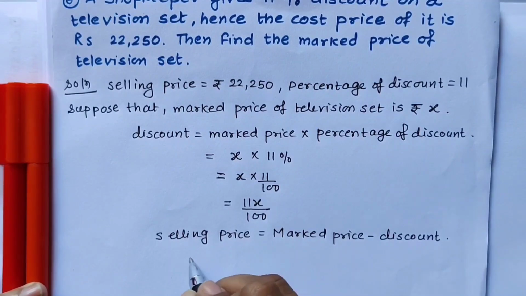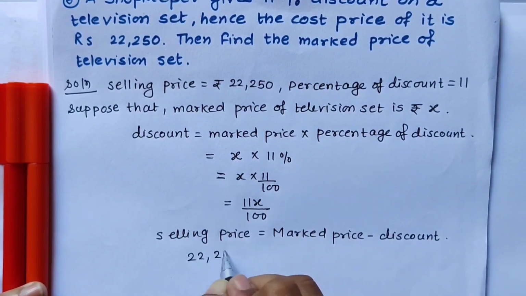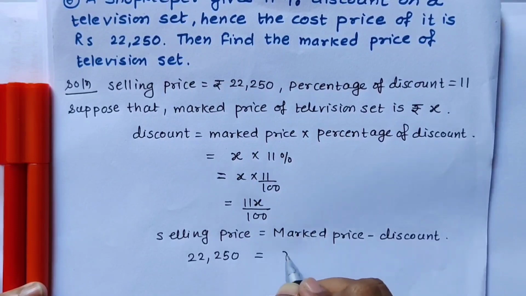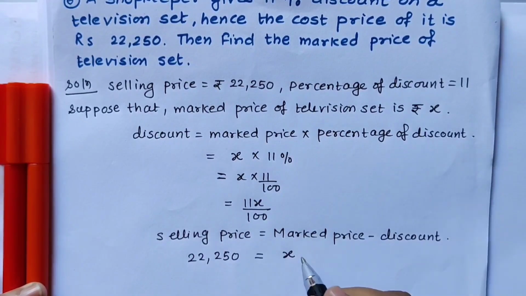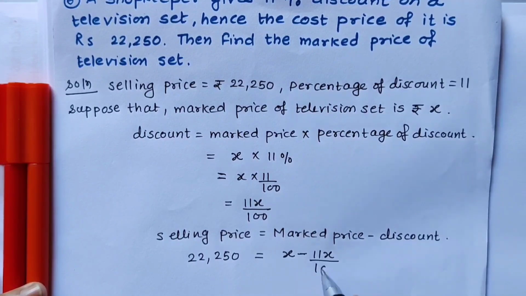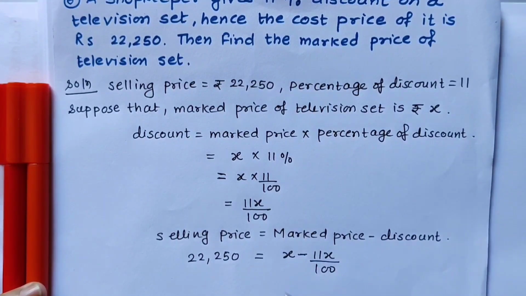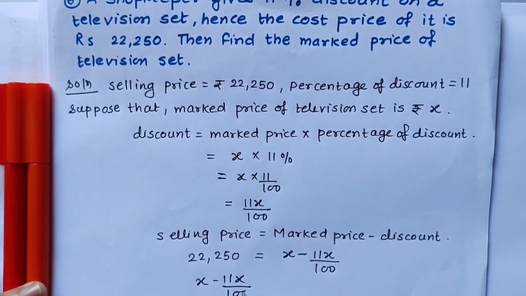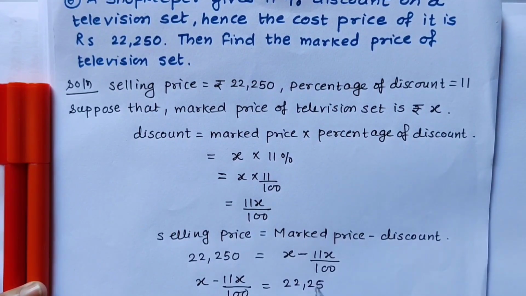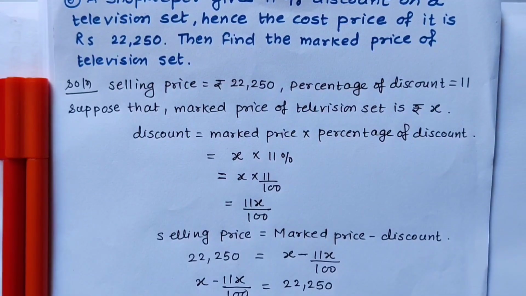The selling price given is 22,250, the mark price we imagined is X, and the discount we got is 11x upon 100. Now I write the variable side on the left hand side and the constant term on the right hand side, so it is easy to calculate.